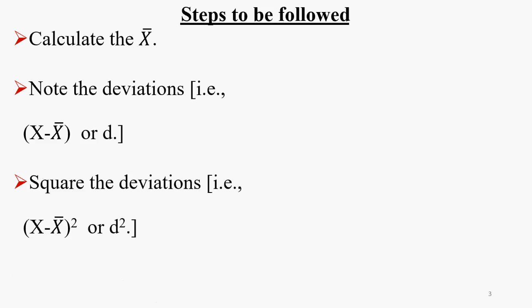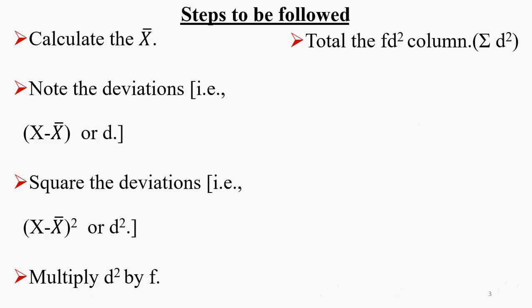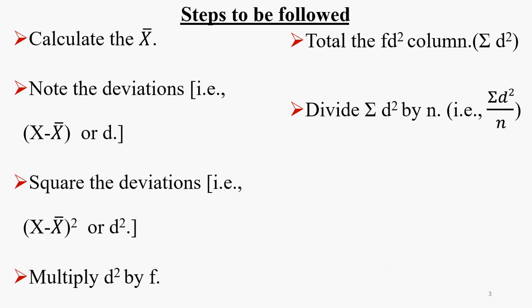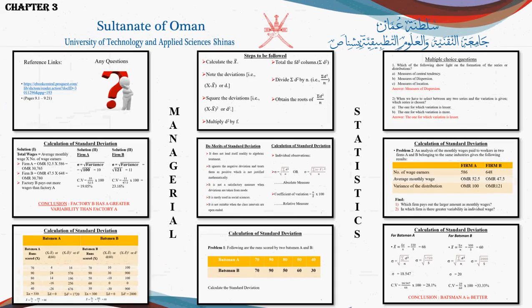Then square the deviation to get d square. This is step number 3. The next step is to multiply d square by the frequency f. Total the fd square column to get sigma d square. Then divide sigma d square by n and obtain the square root of sigma d square by n. These are the steps to be followed while calculating standard deviation.